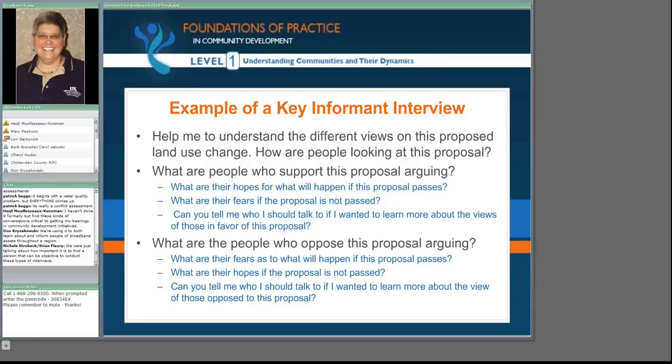You need to be sure that you aren't just focusing on one side or one set of interests or one perspective or one geographic area and not others. You need to systematically think through who are the key informants, reflecting the diversity of the community.